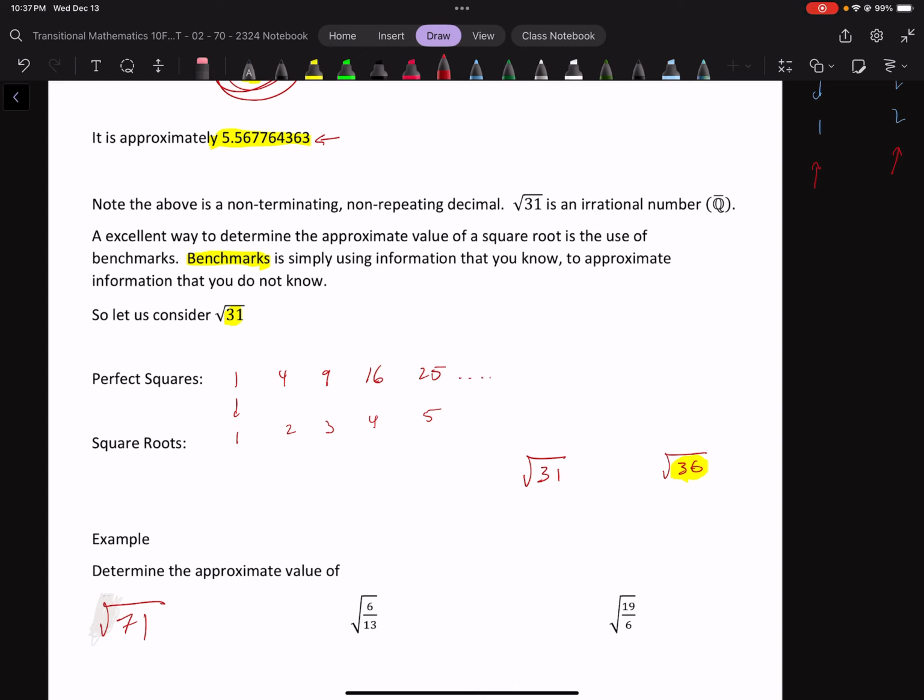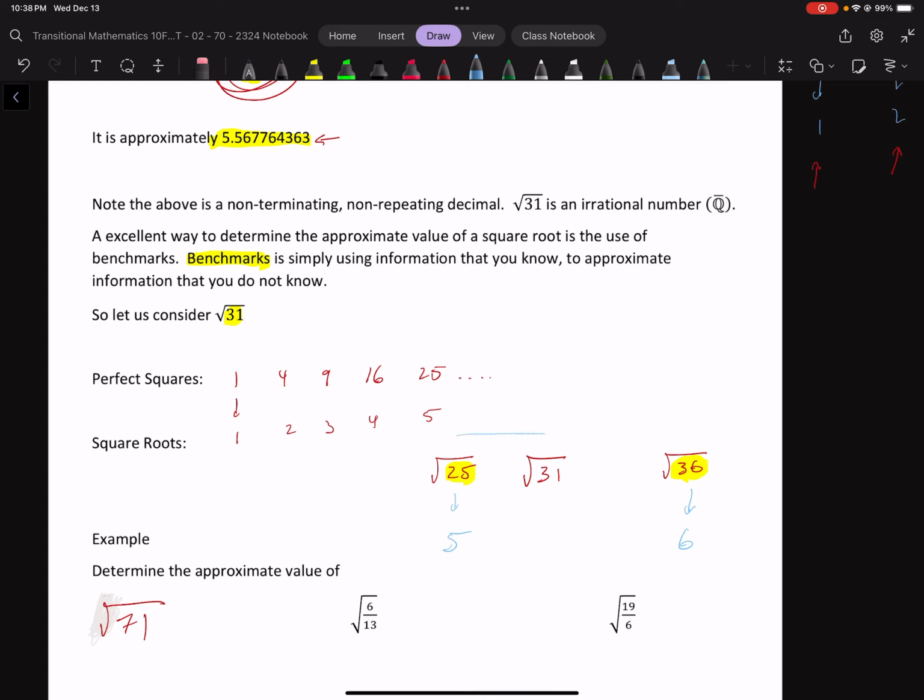Now, I want to ask myself, what is the perfect square that is next smallest to 31? And that is 25. So I know that the square root of 31 is stuck between these two values. The square root of 25 is 5. Square root of 36 is 6.